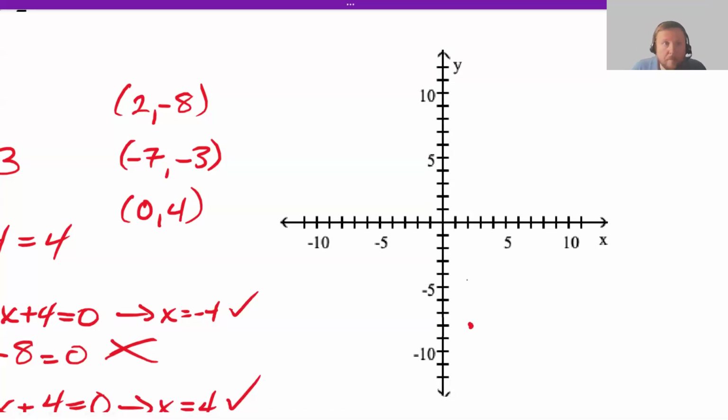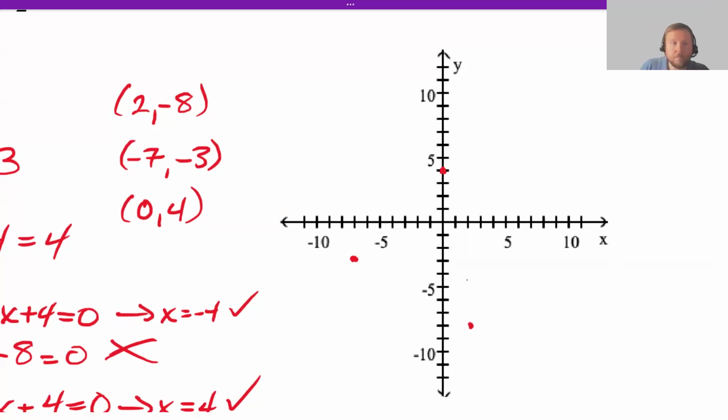Right about there. -7, -3. Right about there. 0, 4.